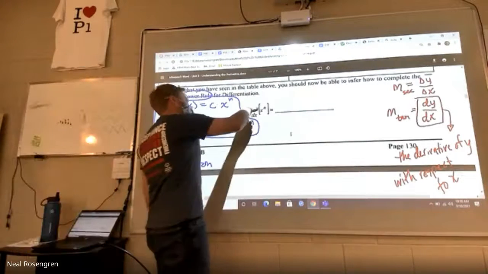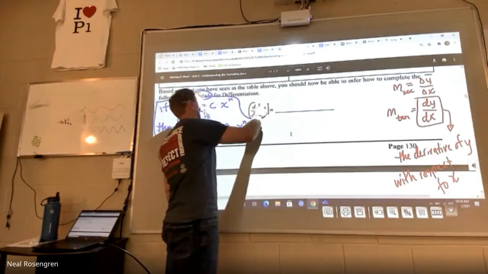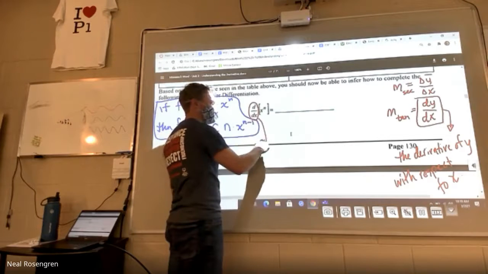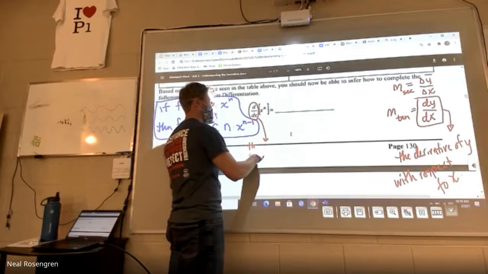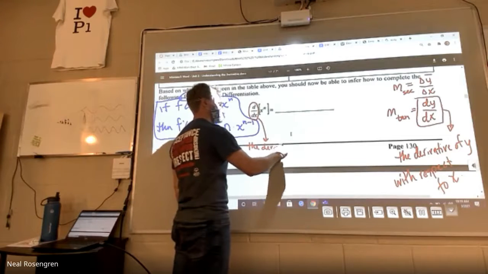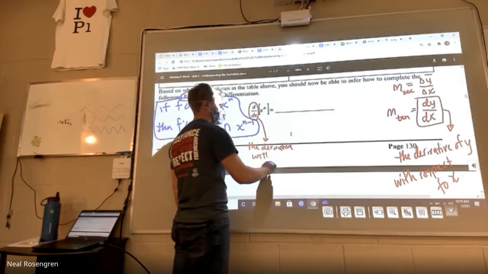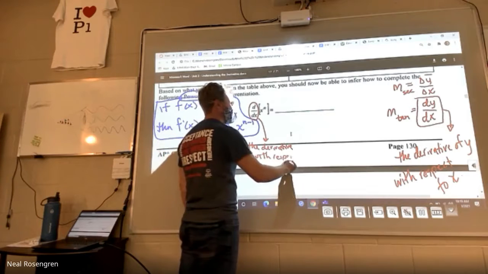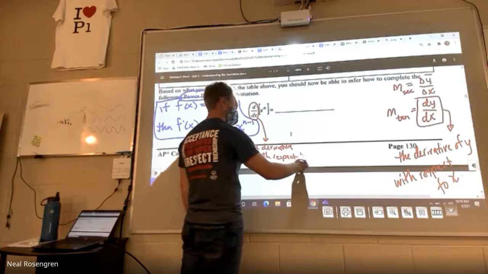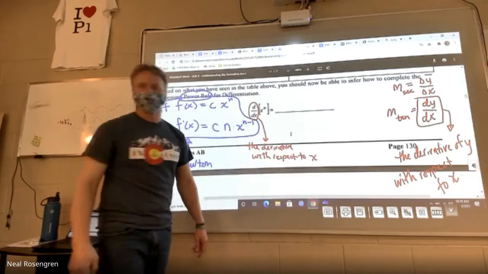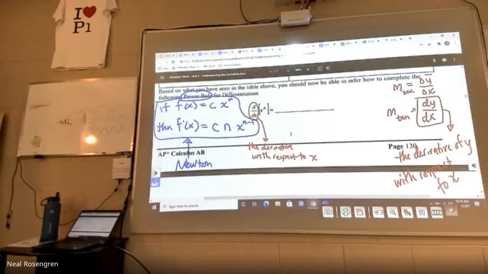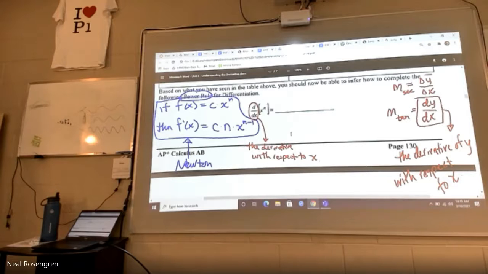This, without the y, we just read as the derivative with respect to x. It's actually a much more common notation in calculus to use the derivative of y with respect to x than it is to use f primes or something like that.